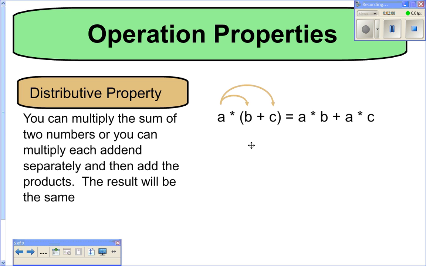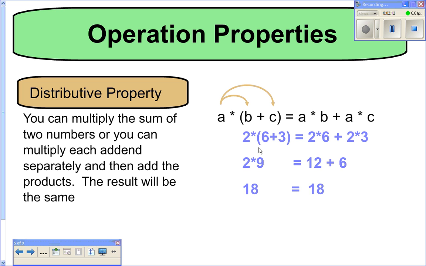Let's look at numerals to represent this. If we have 2 times 6 plus 3, well, if we were to add 6 plus 3 first, we would get 9. And 2 times 9 is 18. Let's see if we could use the distributive property and get the same answer.